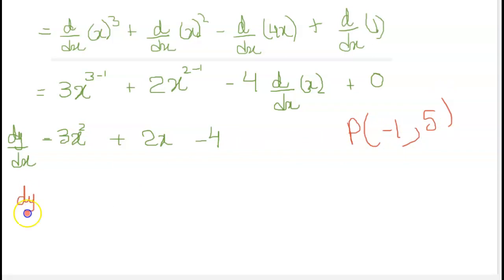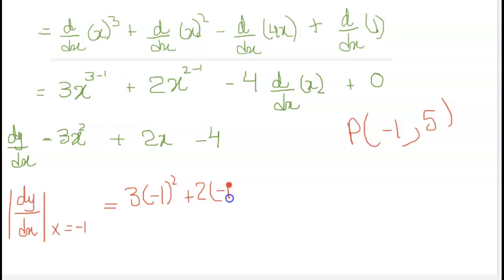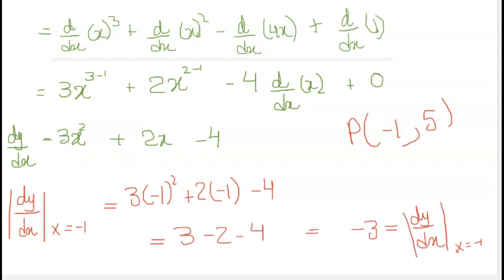So dy over dx when x is minus 1: 3 times minus 1 squared plus 2 times minus 1 minus 4. And when you put that in and simplify, you will get the answer as minus 3.